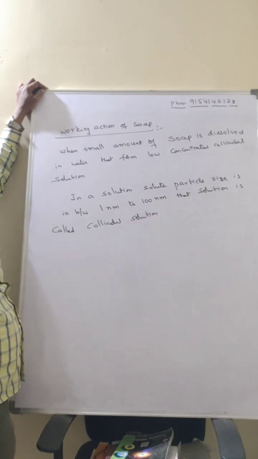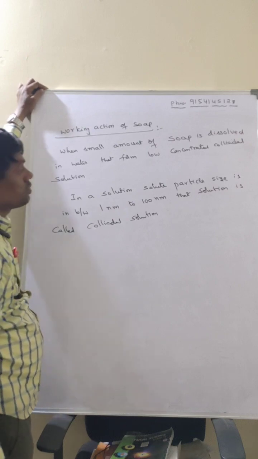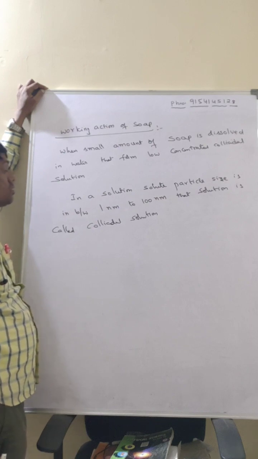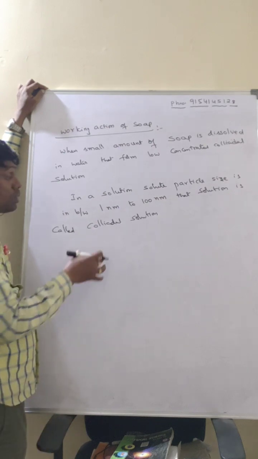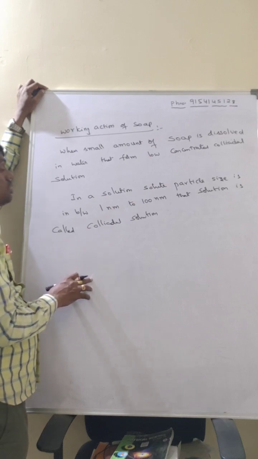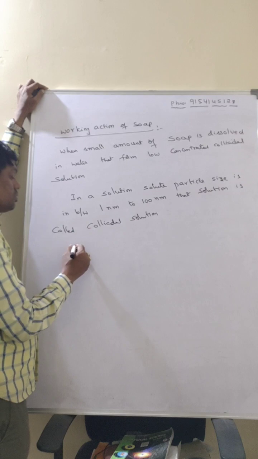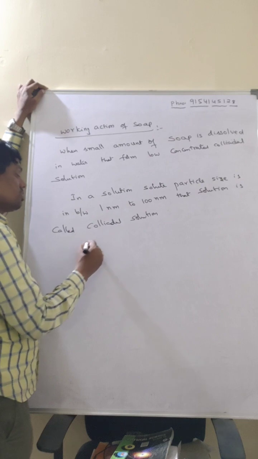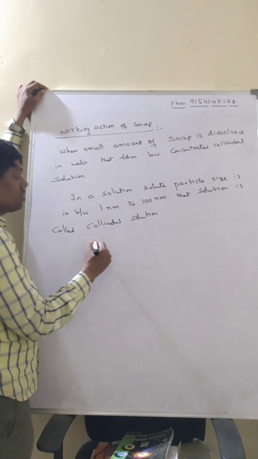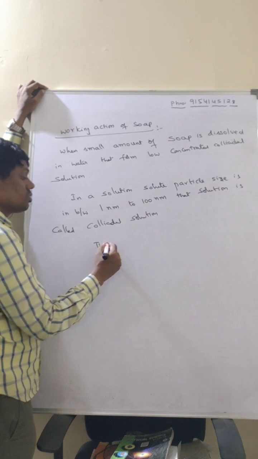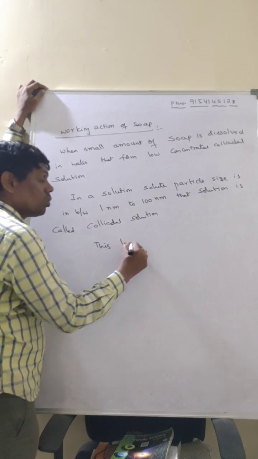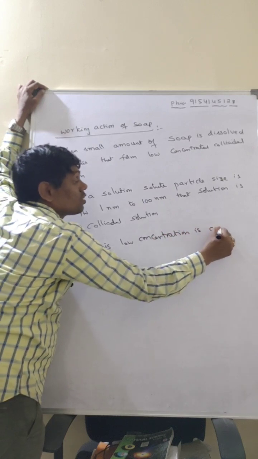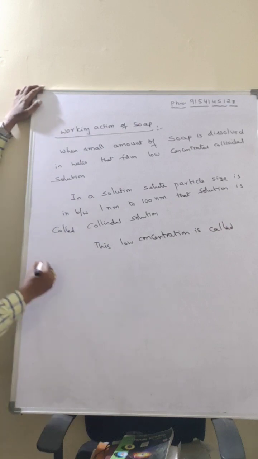This is called micelle formation, the aggregation of these colloidal molecules. This low concentration is called the critical micelle concentration.